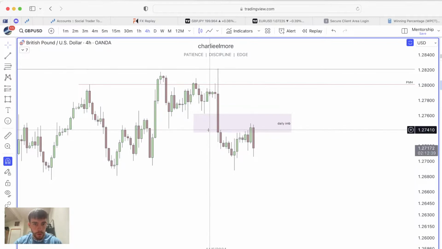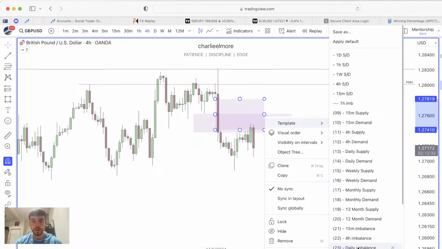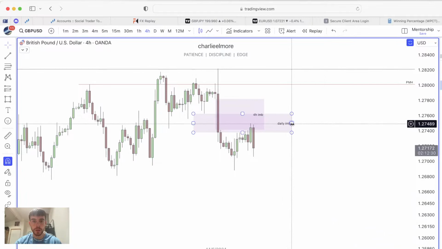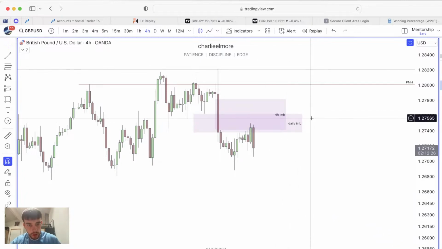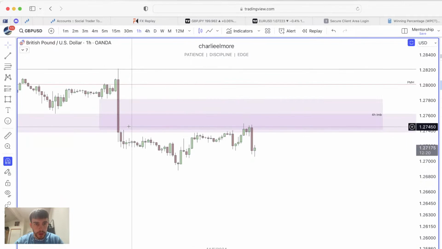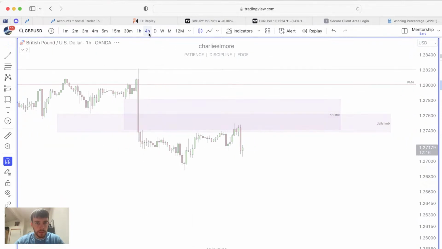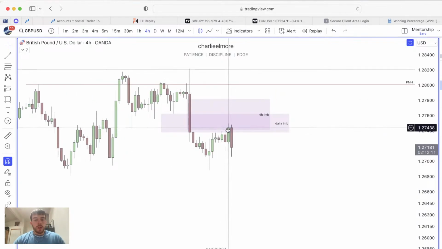We've also got a 4 hour imbalance there as well, which is interesting. So you notice how we're just lining everything up now, slowly, just going down the time frames. So we've got a 4 hour. Let's have a look if we have a 1 hour imbalance. We do, but it's not fresh. I personally like to trade out of fresh ones. So a 4 hour area.